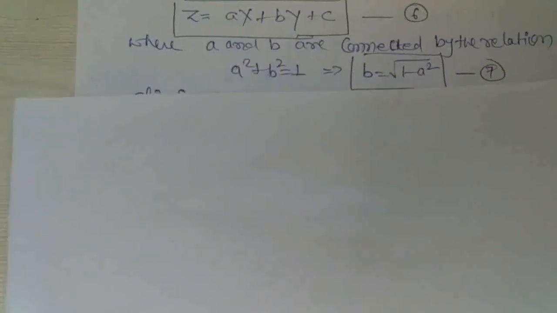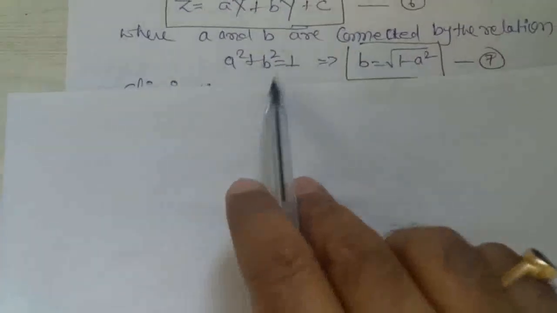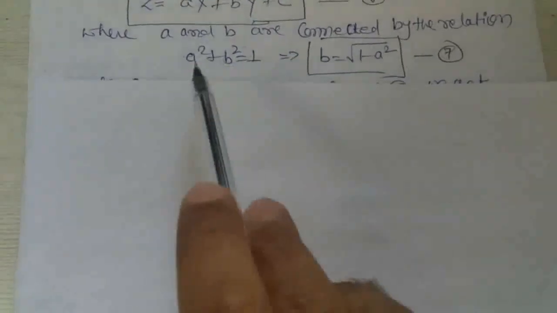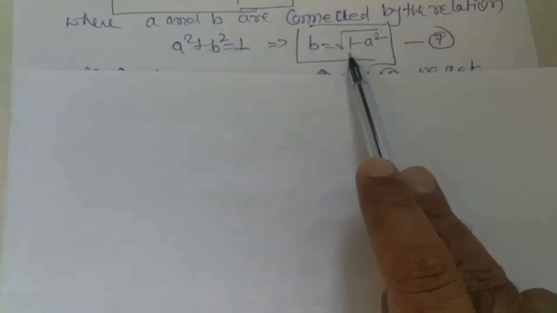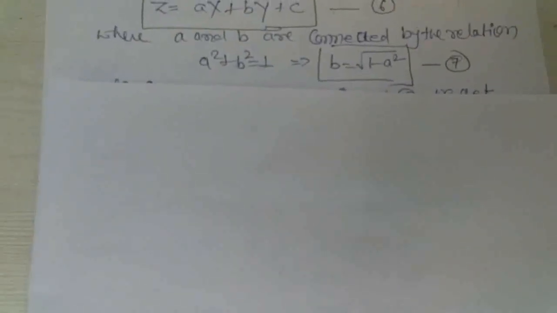So the relation between A and B is A square plus B square equal to 1. From this relation we obtain B in terms of A as B equal to square root of 1 minus A square.